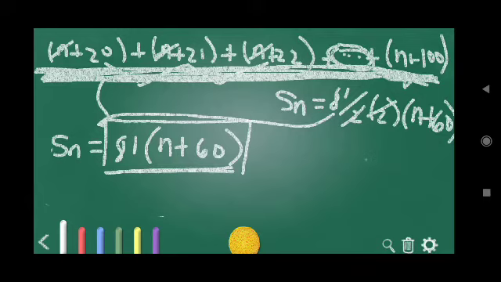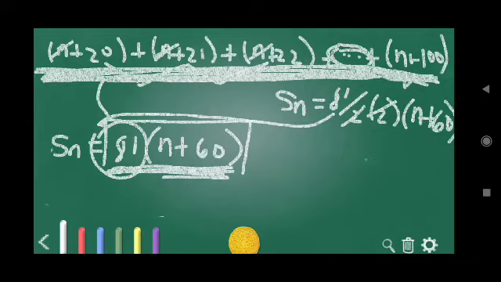Notice that the number consists of two factors, 81 and n plus 60. In order to get a perfect square number, the two factors have to be perfect squares. One of the factors, 81, is already a perfect square, so we no longer have a problem with the 81. The only problem is n plus 60, because we need to make sure that n plus 60 is a perfect square.